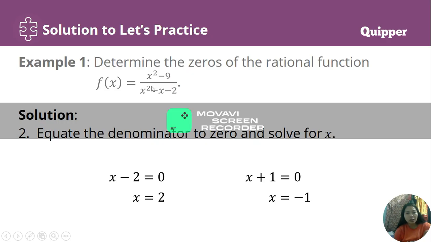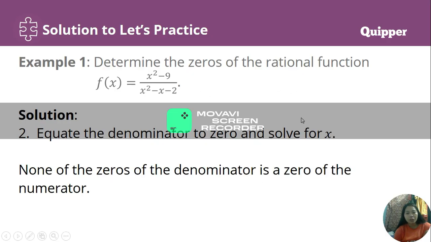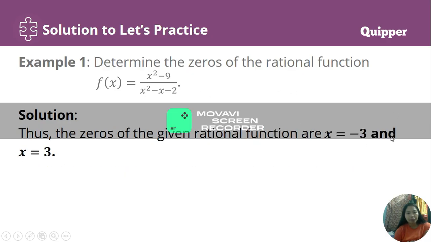But since we are looking for zeros, do not just find the value of x in the denominator, only the numerator, because our main topic here is zeros of the rational function. Only the numerator makes the function 0. This is our conclusion. Thus, the zeros of the given rational function are x equals negative 3 and x equals 3.